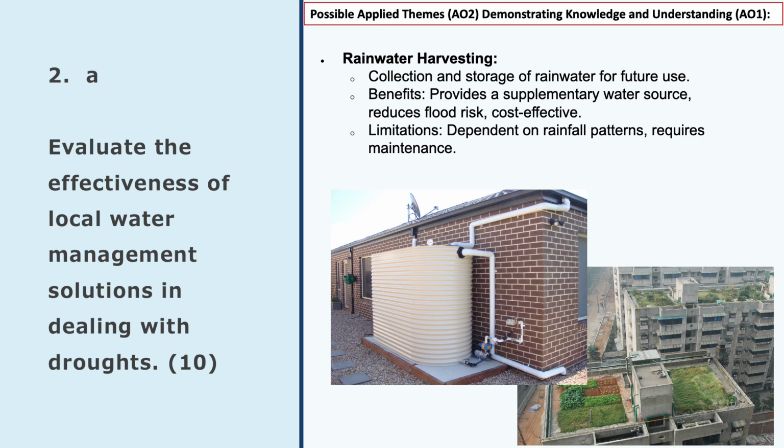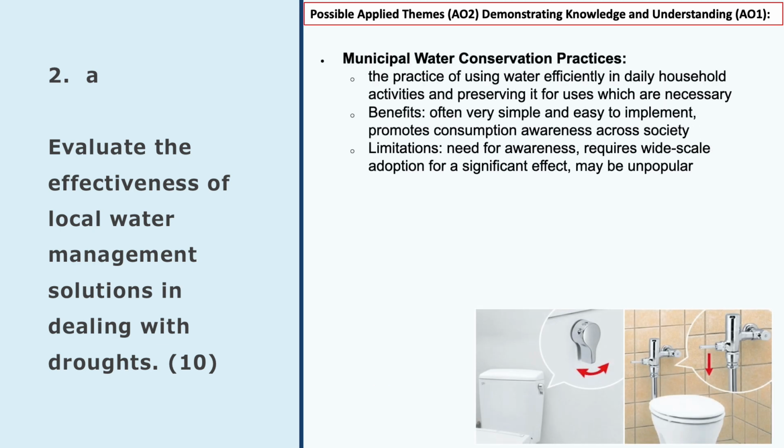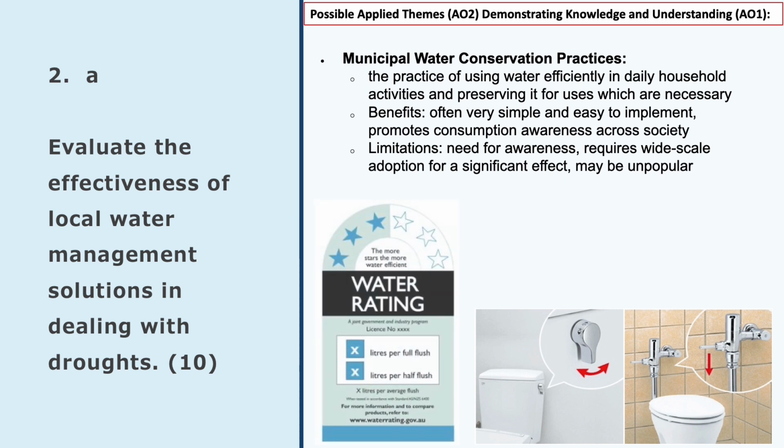We could also consider some municipal water conservation practices, so using water more efficiently in the home. For example, toilets which you can have with different flush settings depending on how much water you actually need, and you can have appliances that have water ratings.